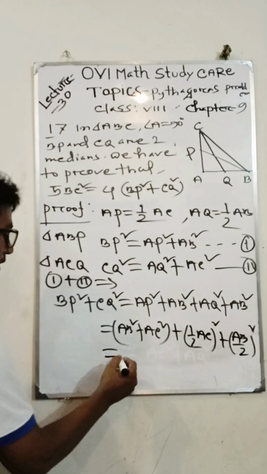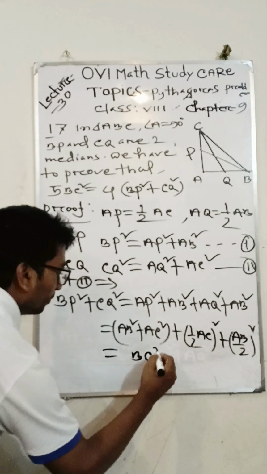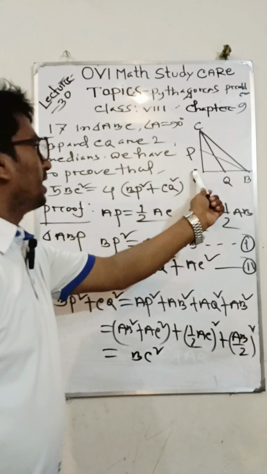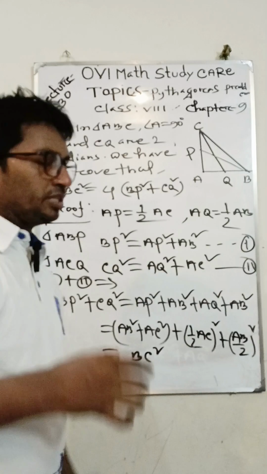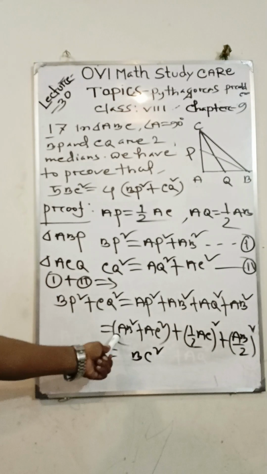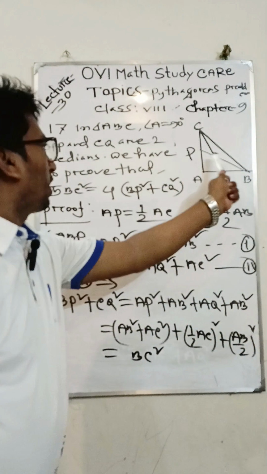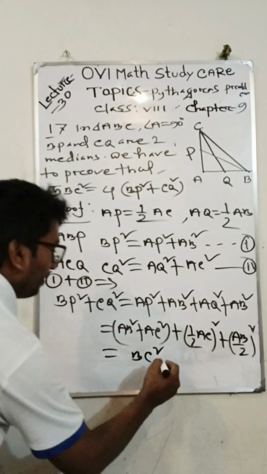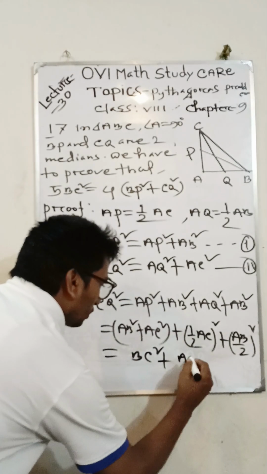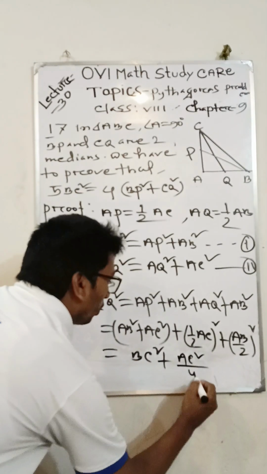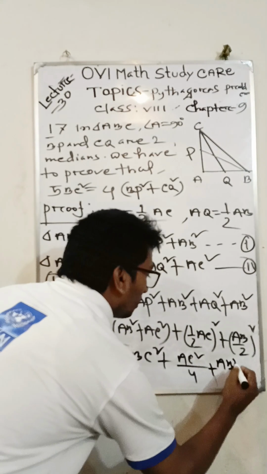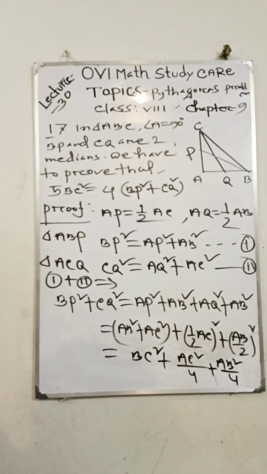Here AB square plus AC square we can write as BC square according to the Pythagoras theorem from triangle ABC. Here BC is the hypotenuse, so AB square plus AC square will be BC square, plus AC square by 4 plus AB square by 4.